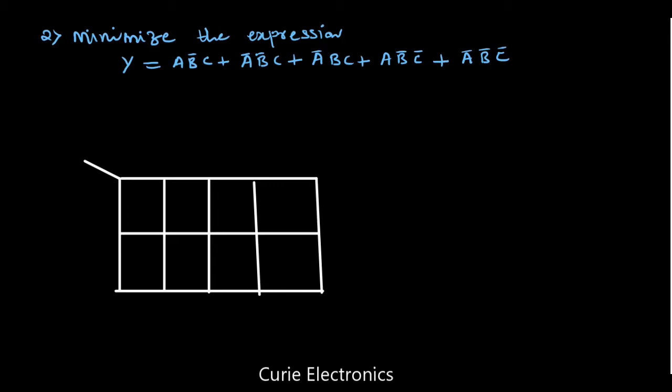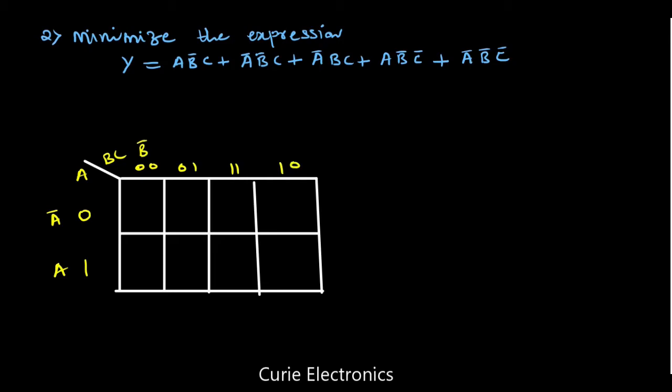It's a 3 variable expression, minimize it. So we can write it as, what we can write? 3 variables, so it is A, B, C. A can take 0 or 1, that is A bar or A. BC can take 00, 01, 11, 10.